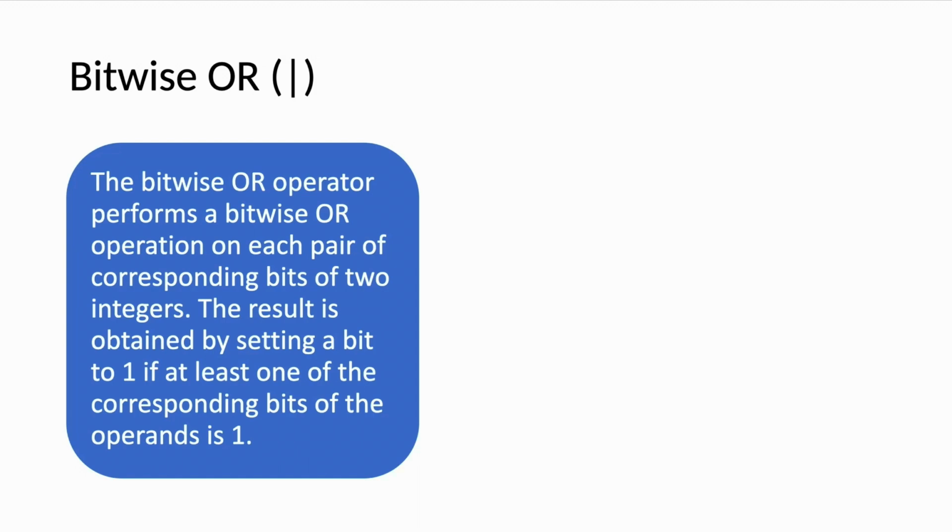The result is obtained by setting a bit to 1 if at least one of the corresponding bits of the operands is 1. So if either one of the two bits is 1, the result will be 1. In all other cases the result will be 0, which is nothing but if both the operands are 0, only in that case will your result be 0. In all other cases the result will be 1.